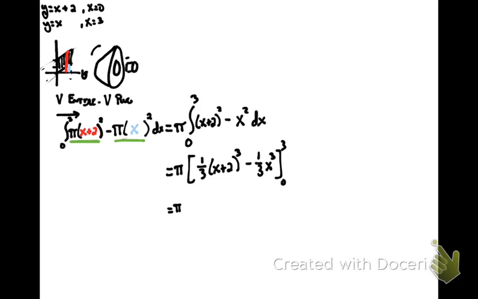Now when I plug in my upper limit of integration, which is 3, this will be 5 cubed over 3, or 125 over 3, minus 3 cubed over 3, or 27 over 3, minus what I get when I put in my lower limit of integration, 0, which will be 8/3 minus 0.